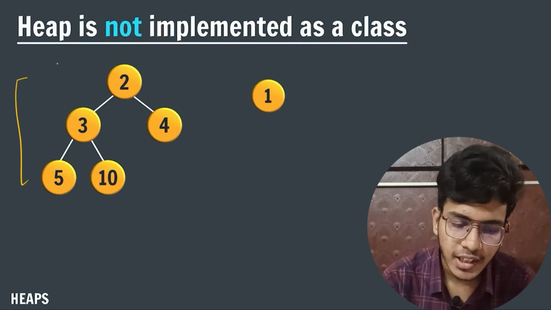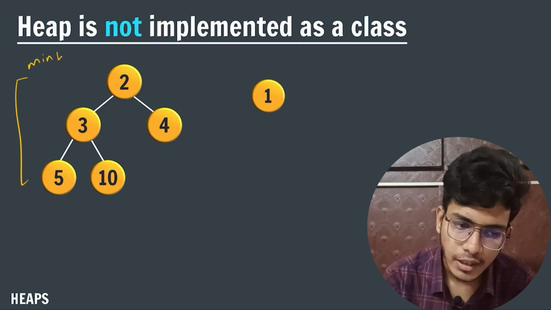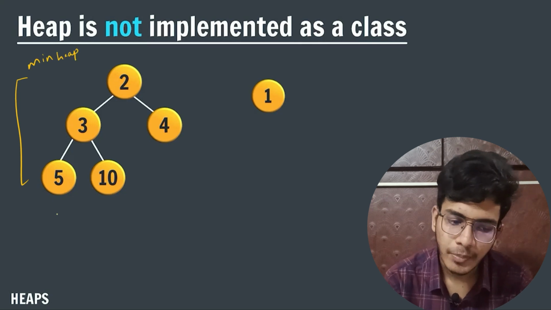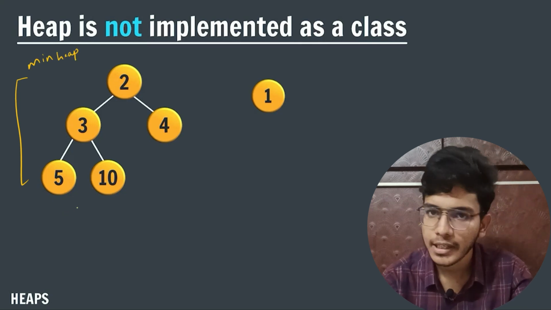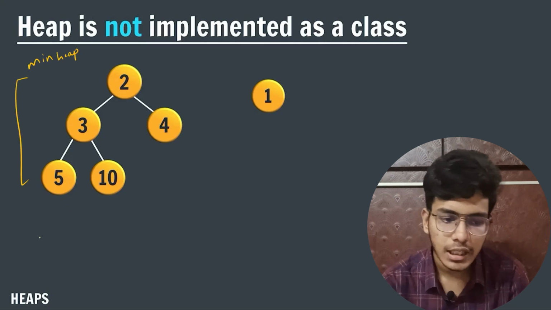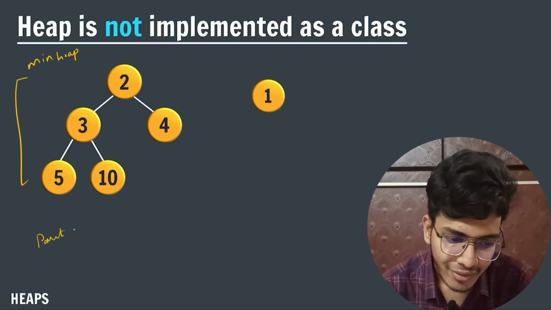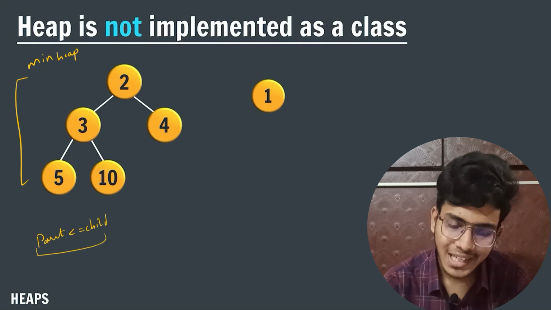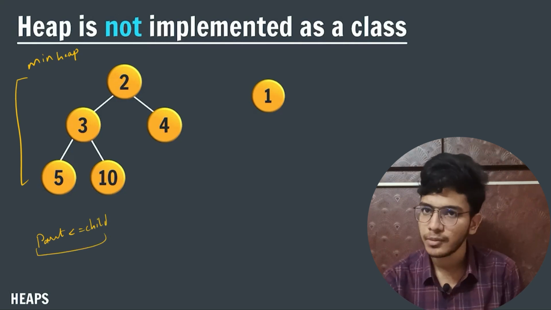This is a min heap, and the definition of min heap is that it should be a binary tree, a CBT, and the third condition is that the parent value should be less than or equal to my child value. If these three conditions are satisfied, then it is a min heap.